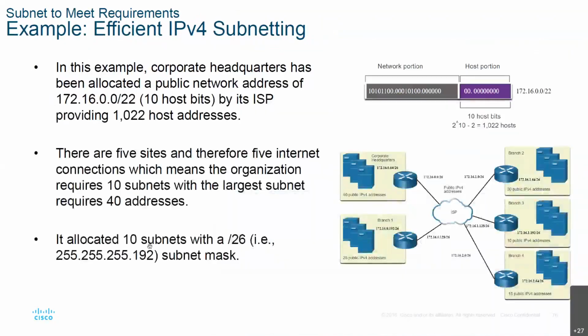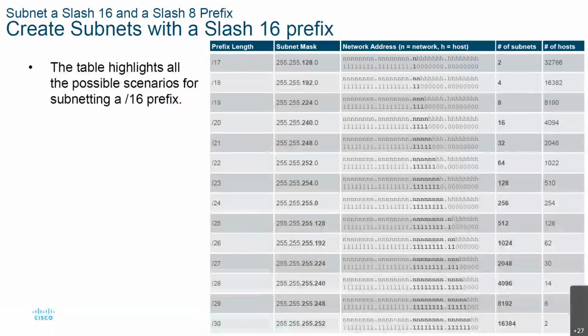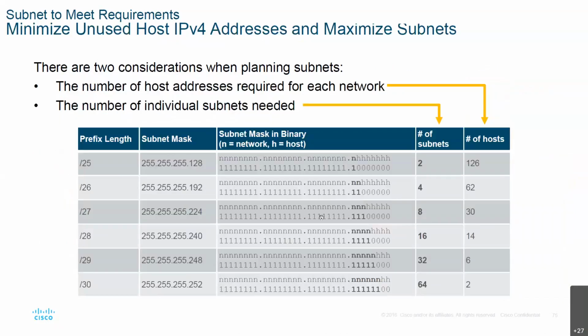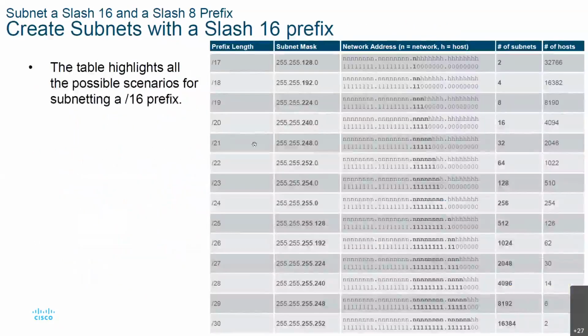Now it says, I want you to have 10 subnets, and each subnet should have at least 40 addresses.